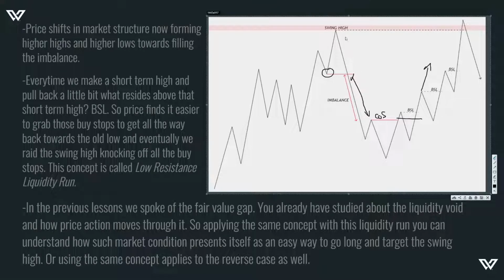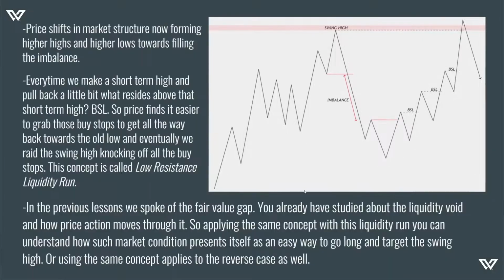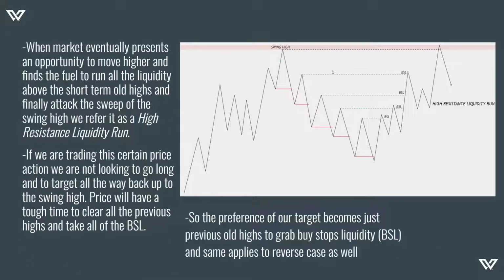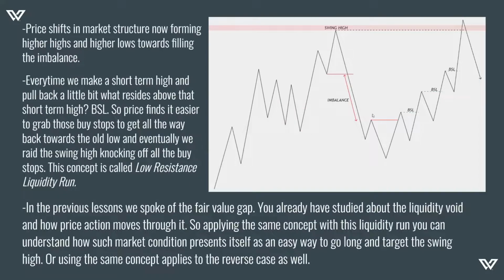And internally there's probably some buy-side liquidity here, but not enough to stop it from performing this run, which we now call a low resistance liquidity run. So this was a high resistance liquidity run because we have obviously high resistance, and this is a low resistance liquidity run.